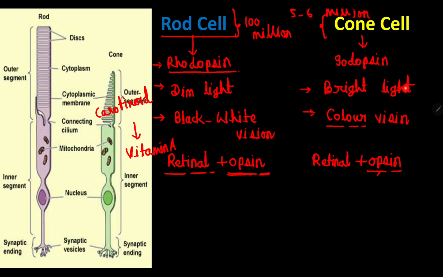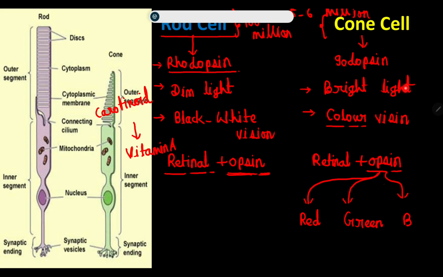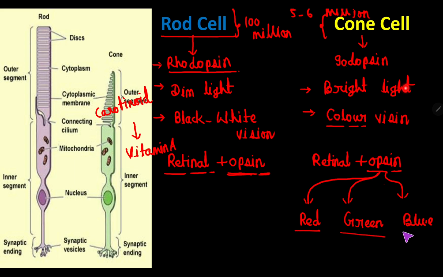In cone cells, opsins are of three types. One causes red color vision, another causes green color vision, another causes blue color vision. That means iodopsin has three types: one for visualization of red color, another for green color, and the third for blue color.